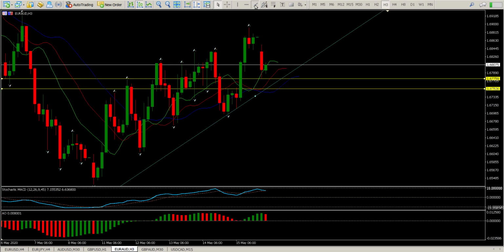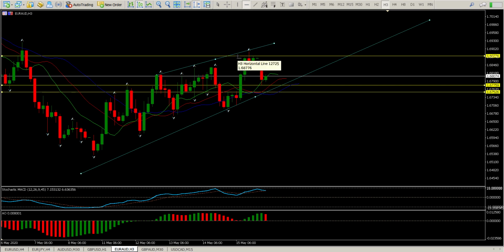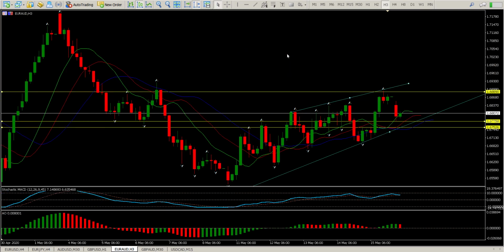And then if that succeeds, then I'd almost say the top of this wedge or channel that is forming. So that would give me a move somewhere around 1688.